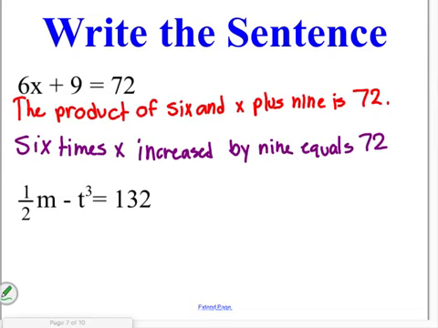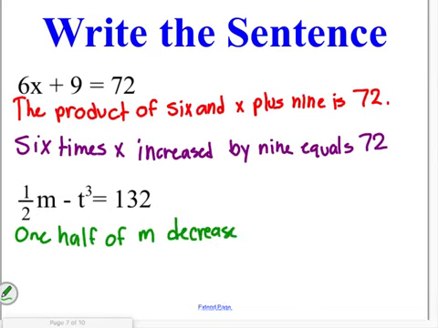An example for the next one. 1/2 of M decreased by a number cubed is 132.